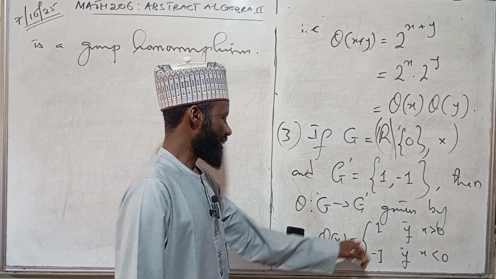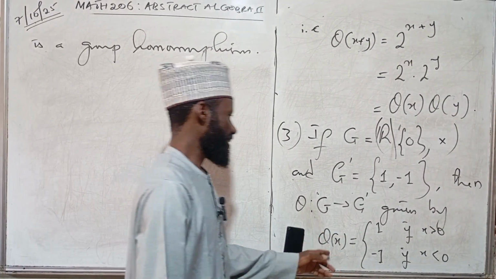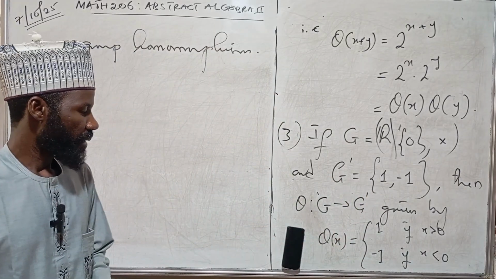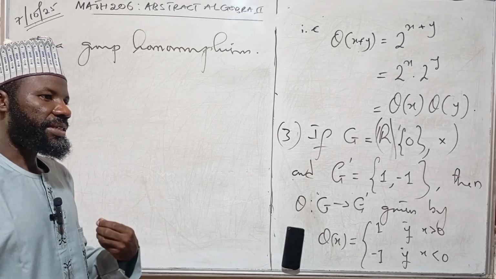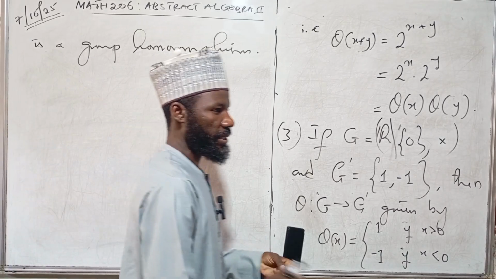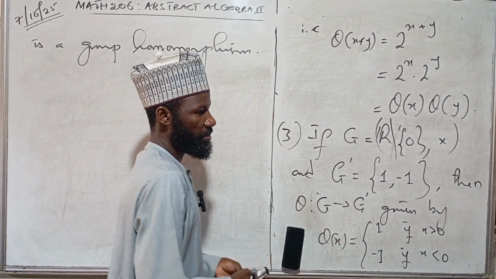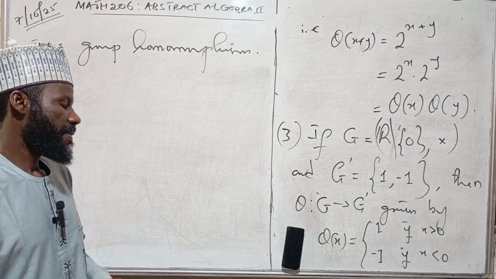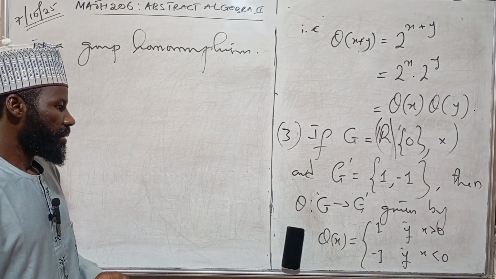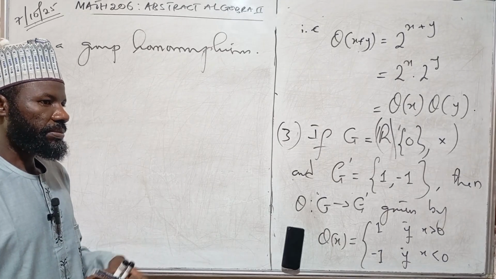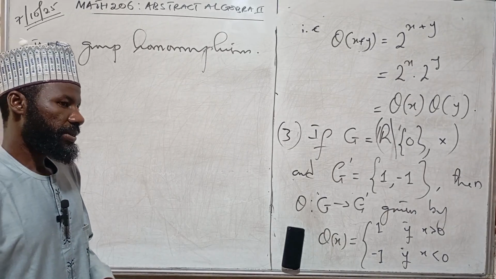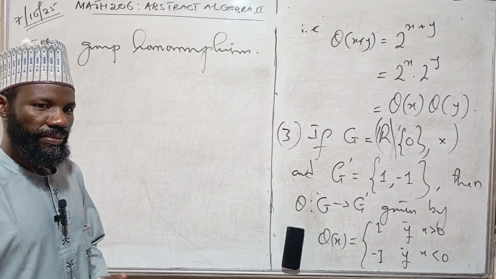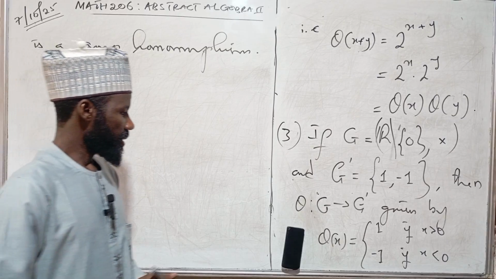But if you take two elements x and y, always one is there, either they are positive or negative. And so the product can be positive or negative. If exactly one of the factors x or y is negative, then the product is negative, and if both of them are negative, the product is positive. So you can check it in cases.